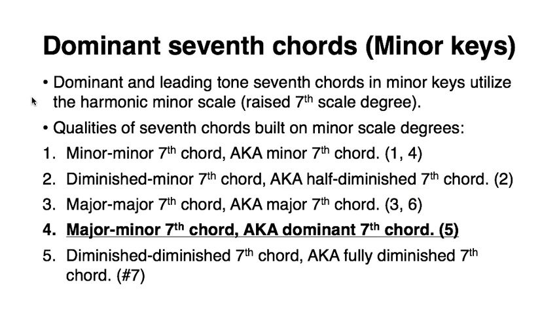In minor keys, there's a little caveat. We can do the same experiment, right? And I would choose a minor scale that has no accidentals in the key signature. A minor.